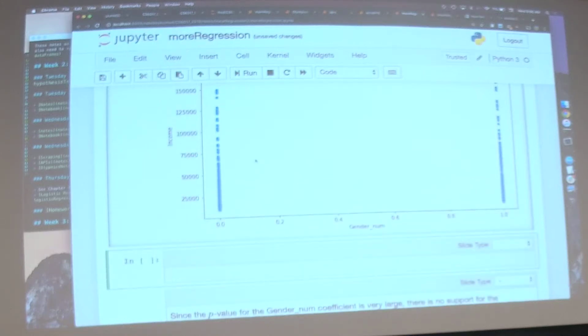The scatter plot's not all that useful. Is there another type of plot that might be useful? A box plot might be useful. Let's try. So we'll do a box plot, and then we'll group it by gender.